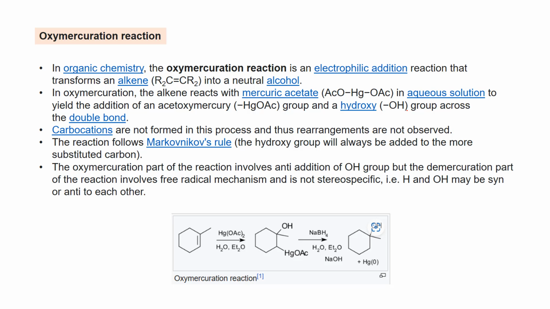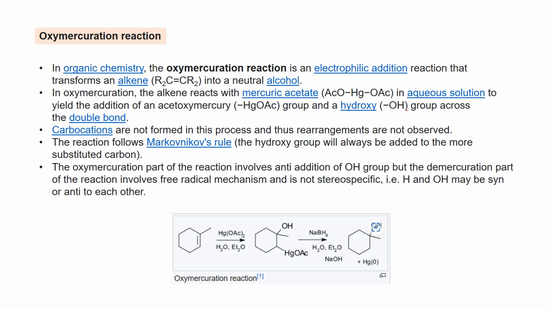But here we also get an alcohol, but the product will follow the Markovnikov rule. In oxymercuration, the alkene reacts with mercuric acetate in aqueous solution to yield the addition of an acetoxymercury group and a hydroxy group across the double bond.